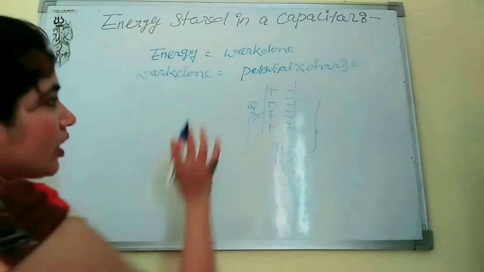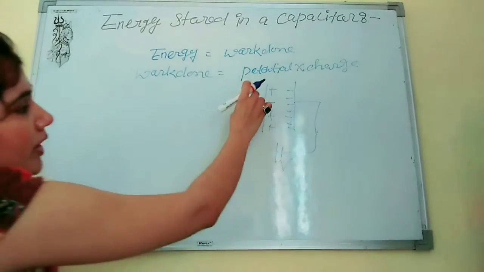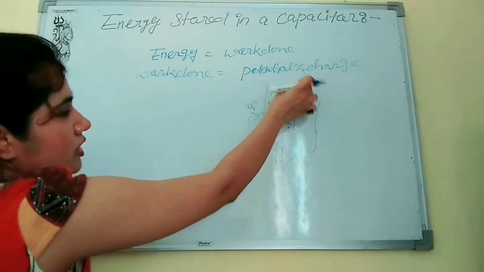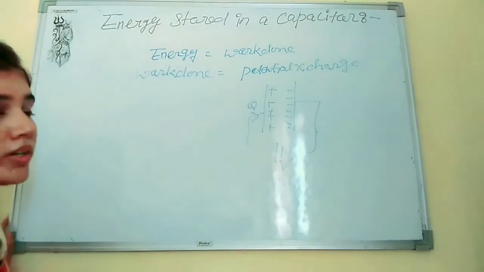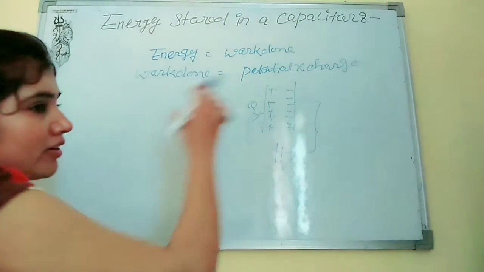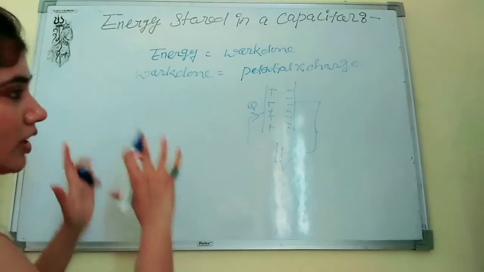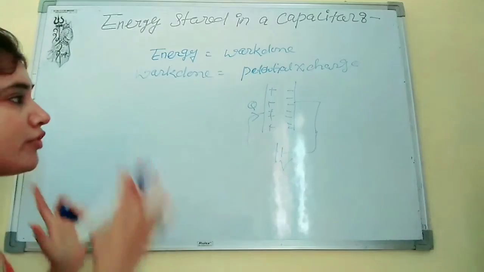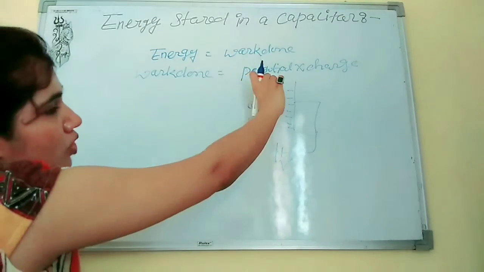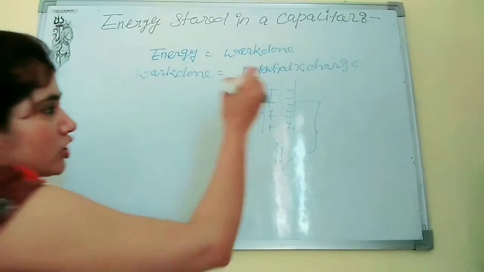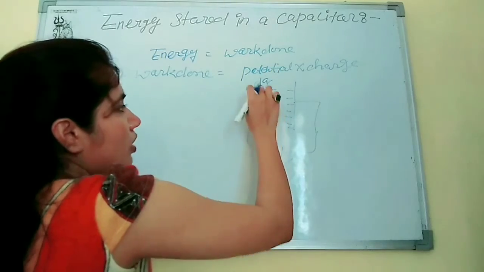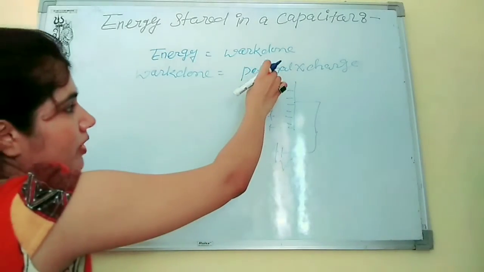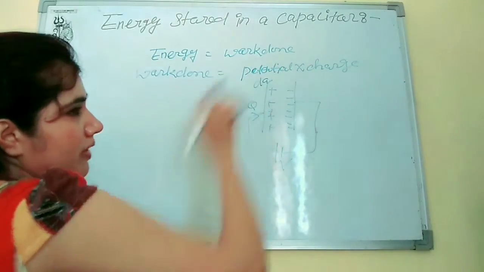Now we know what work done is. To bring this charge from this plate to this plate, we apply work and the energy will be stored in that form. But we cannot bring the whole charge at one time. So what we will do is take a small amount of charge, that is dq, and bring it from this plate to this plate.